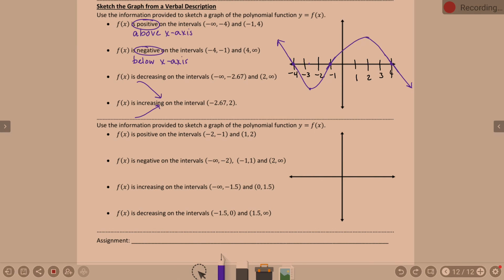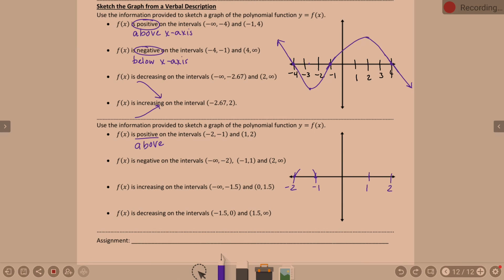Okay? What do we say positive meant? Above. So I think I only have to label out to 2 on these. So I'm going to label 1 and 2, -1, -2. So from -2 to -1, we're going to be above.